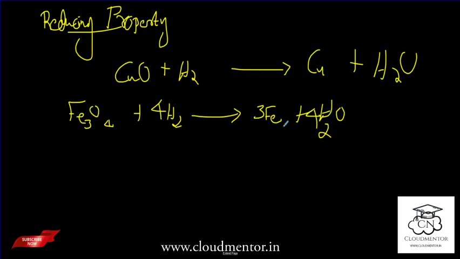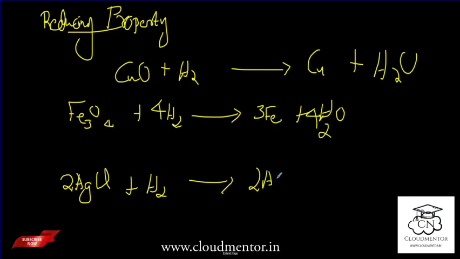Certain chlorides also get reduced, like silver chloride: 2AgCl reacts with hydrogen to give metallic silver, and HCl is formed as the byproduct. However, hydrogen does not have the ability to reduce the oxides of alkali metals and alkaline earth metals.